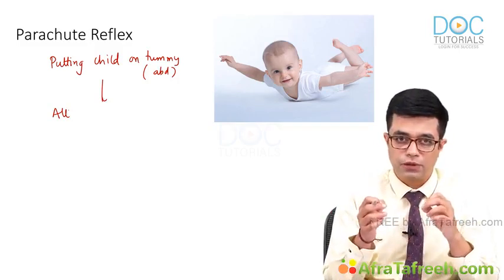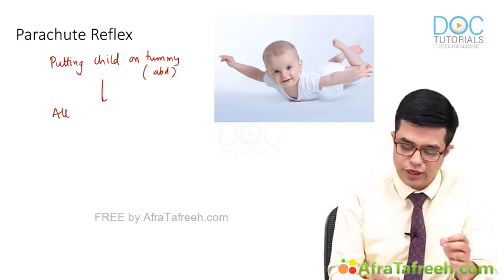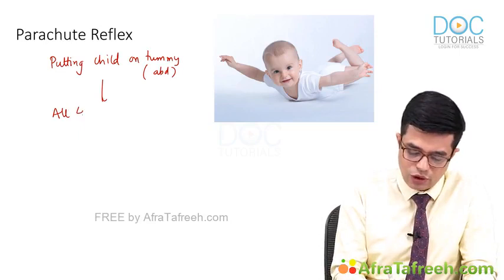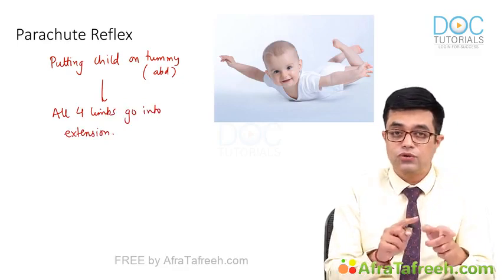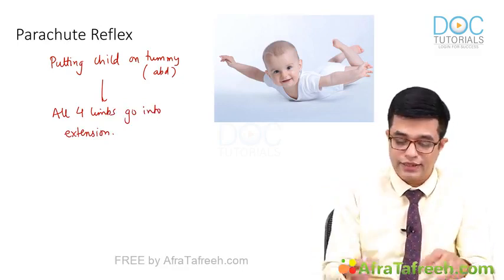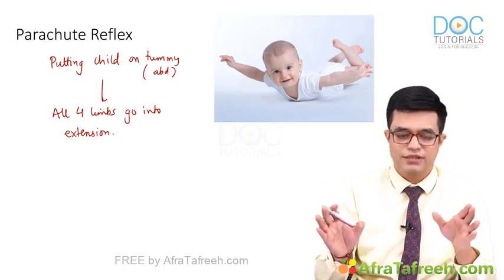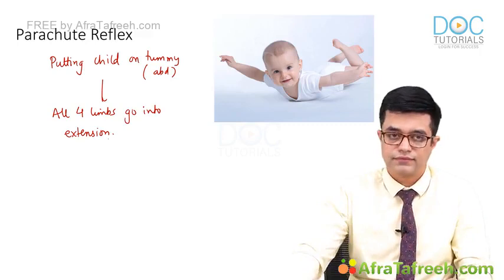How to perform these reflexes and what these reflexes are, understanding is more important. In Landau, we were flexing and extending the neck, then only they were extending. Here, they will just go into extension just like that. That is called parachute reflex.